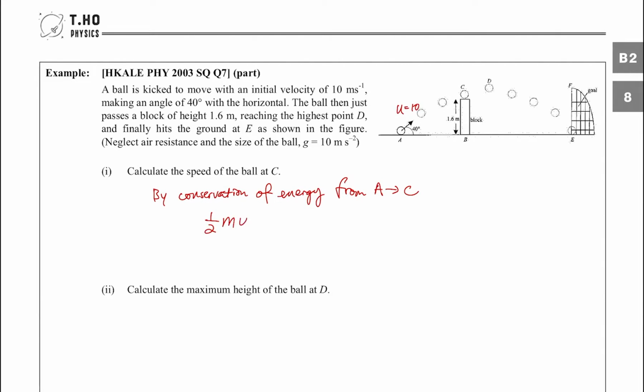It only has KE. And later on, when it goes to point C, it has PE, and also some KE remains.